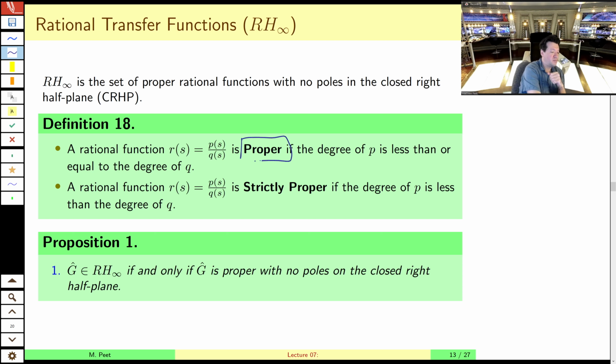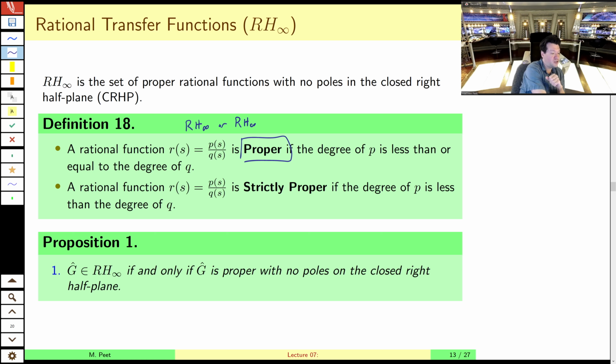You may use proper informally in all sorts of manners, or improper manners, in fact. But mathematically, proper means something very specific when it's referring to elements of RH infinity, or RH2 for that matter.